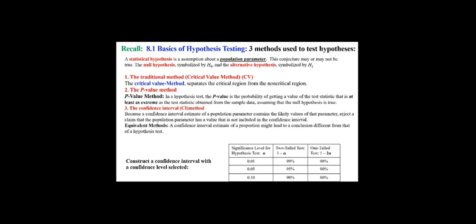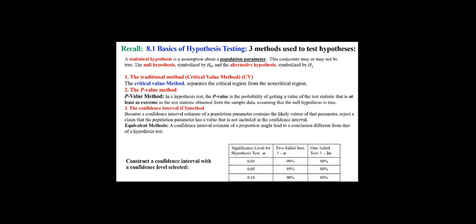Alpha is 0.01, 0.05, 0.1. And depending on whether we are dealing with a one-tailed test or a two-tailed test, they could correspond to a 99% confidence level or 98% accordingly. For example, for 0.01, we discussed that.